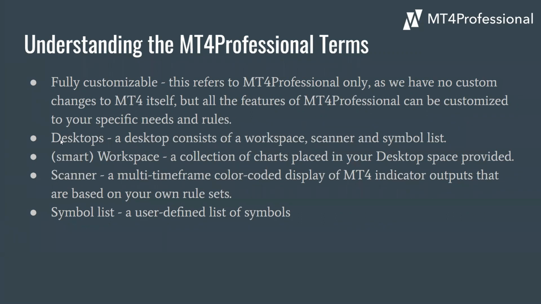Okay. A desktop is basically a collection of workspaces, scanners, and symbol lists. And I'll show you a real quick example of that. A smart workspace is a collection of charts. They're placed on your desktop in the spaces that you define.